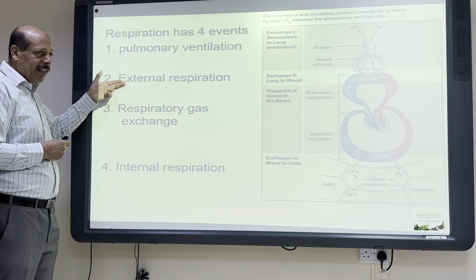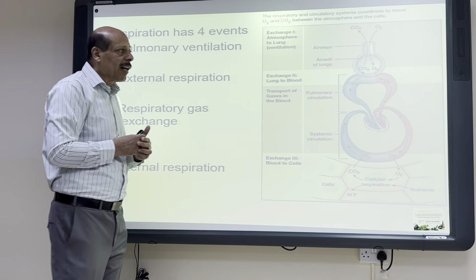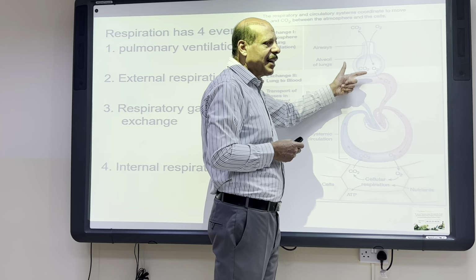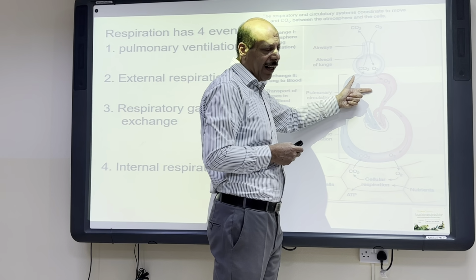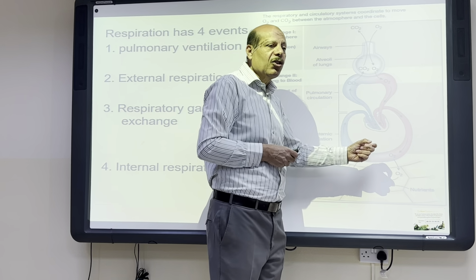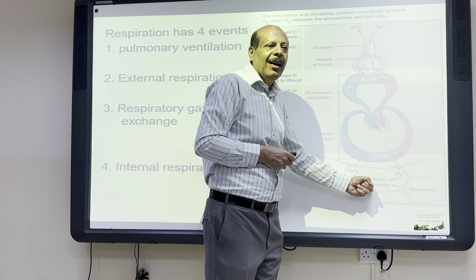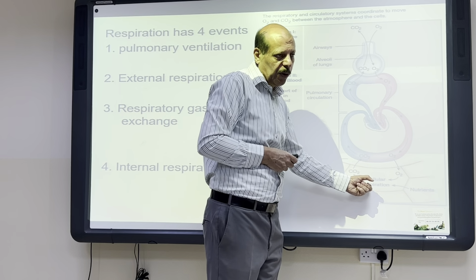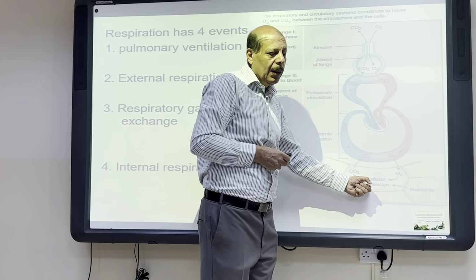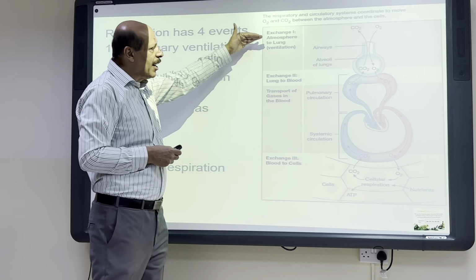So we have external respiration and internal respiration. External respiration is the exchange of gases between the alveoli and the lung. Internal respiration is the exchange of gases between the capillaries and the tissues, between the blood and the tissues. The pulmonary ventilation is the inspiration and expiration.